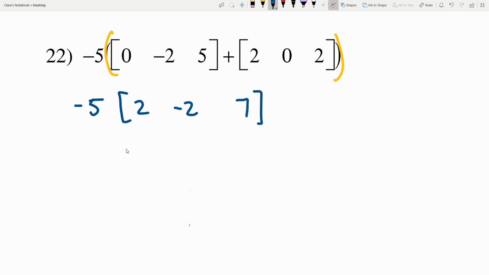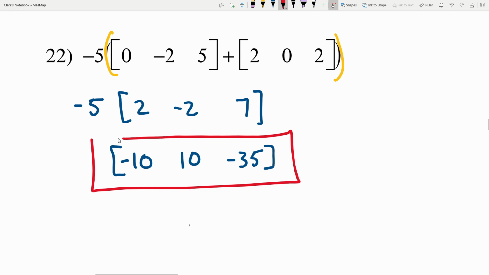Now I'll go ahead and multiply. -5 times 2 is -10, -5 times -2 is a positive 10, and -5 times 7 is a -35. -10, 10, -35 is my 1 by 3 matrix in number 22. I had a 1 by 3 added to another 1 by 3, and then I scaled that sum by -5.